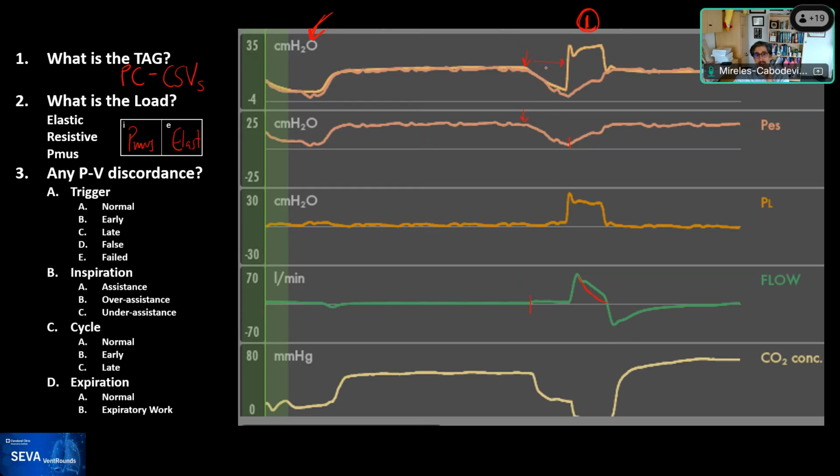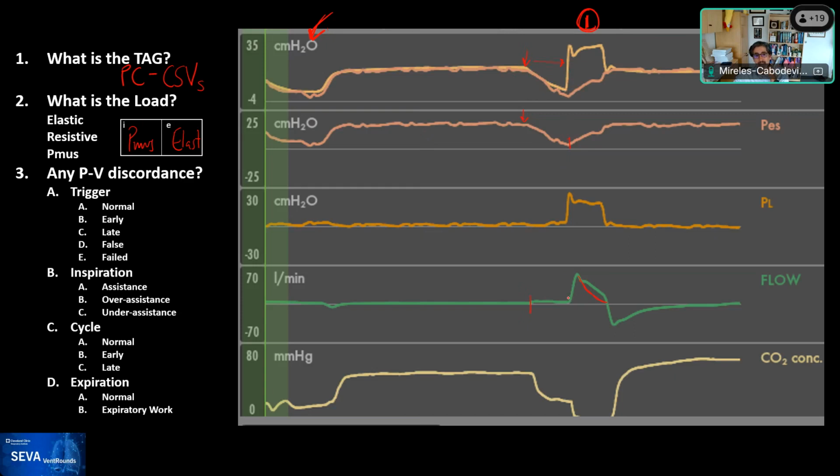That's an important thing for you to note. The pressure would have stayed the same, the flow would have increased, and then that would have triggered. The pressure dropping tells me that this could be a pressure trigger. That's what the ventilator would allow. It would restrict somewhat the flow when it starts seeing the effort until you reach the threshold, and then it would trigger.